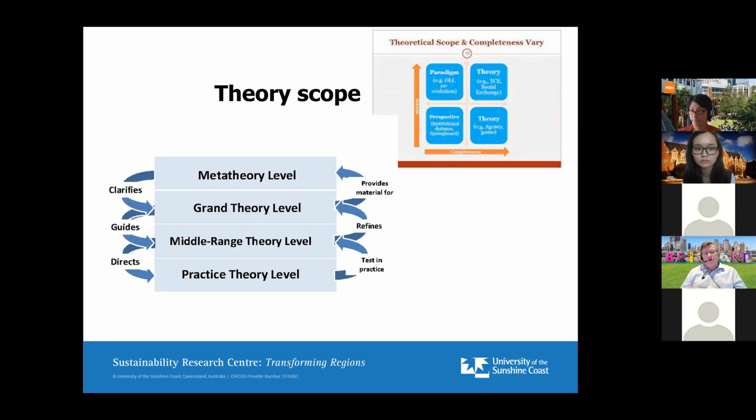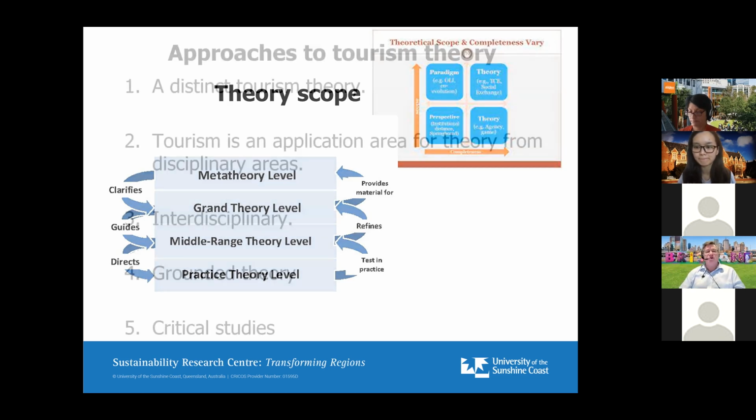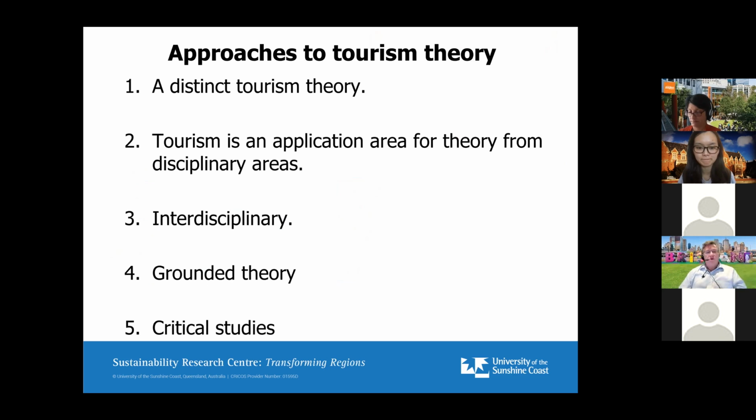Then there are middle range theories, theories which might apply in a particular area, and tourism has a lot of that. And then there are practical level theories, things which are arguably not necessarily theoretical in the hard sense. They are just a bit of a description about some aspect. So think about the scope of your theory.